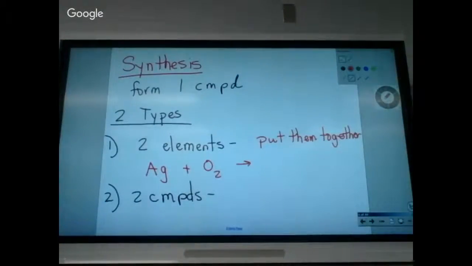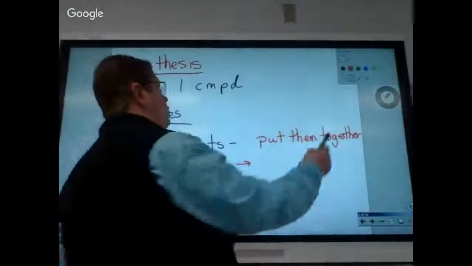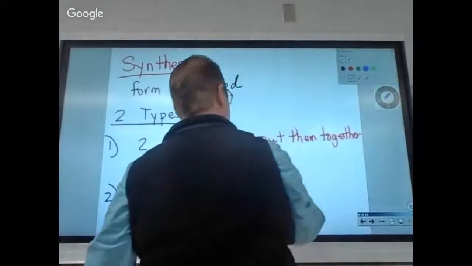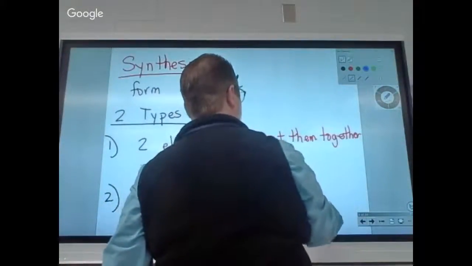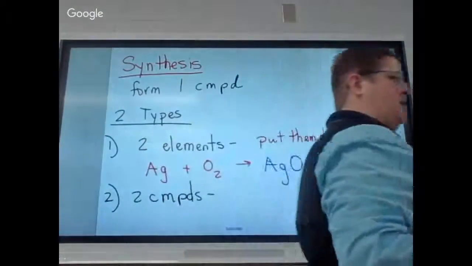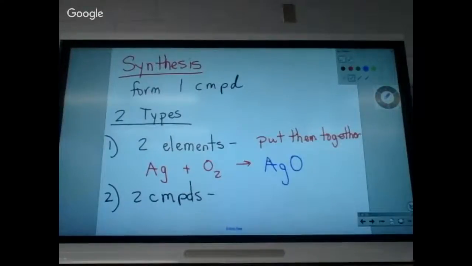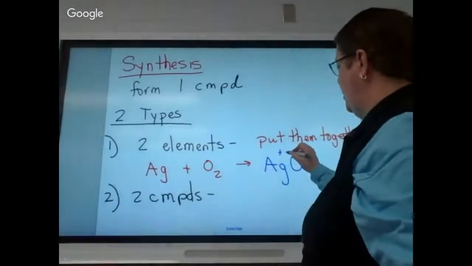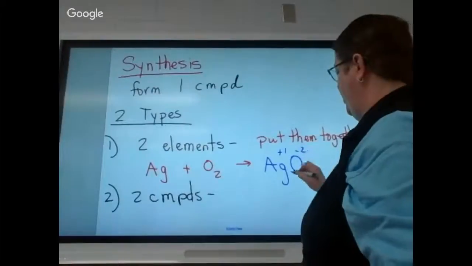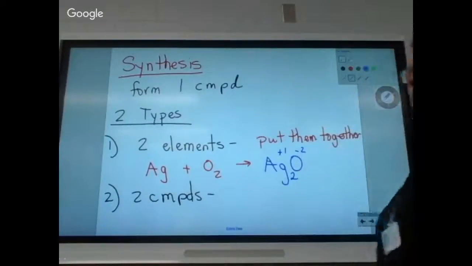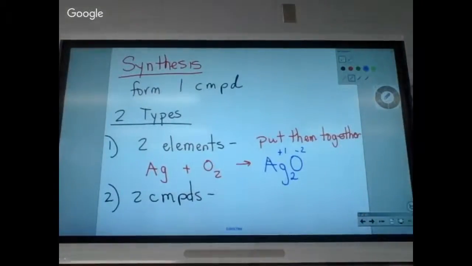What did Rosanna do wrong when she said AgO2? She can't bring that 2 across the arrow. Why not? It's not a polyatomic ion, so that 2 can't come across. So Ag would have a +1, O has a -2, and then bring your 2 down that way. You can't just drag the 2 across the arrow.